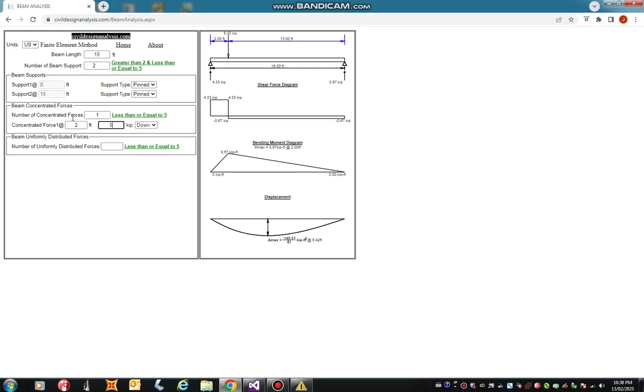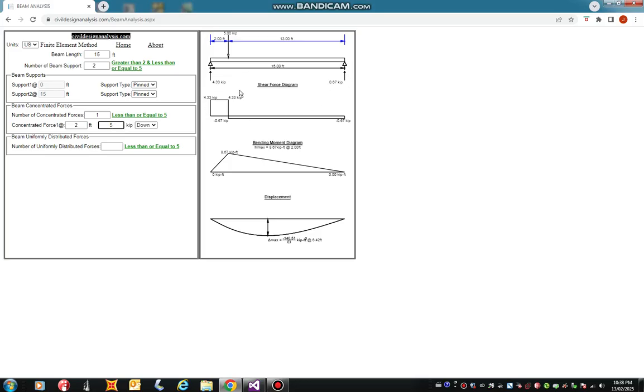As soon as you define the beam with the loading condition, it will show you all the results here. First of all, check the reactions here. 4.33 kips is on the closest side of the load, and at the further side is 0.67, which makes sense. So you have complete loading with the reactions there.